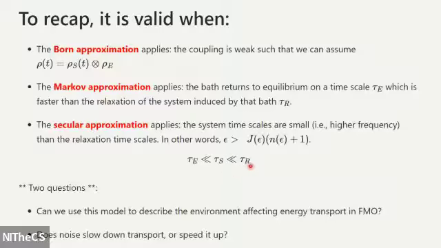And the timescale of relaxation is how quickly the system relaxes because of the environment. Roughly speaking, you can associate this last approximation with the secular approximation, which is useful to allow some flexibility with, because if you have very high temperature, for example, perhaps the secular approximation can break, or for some other reason.